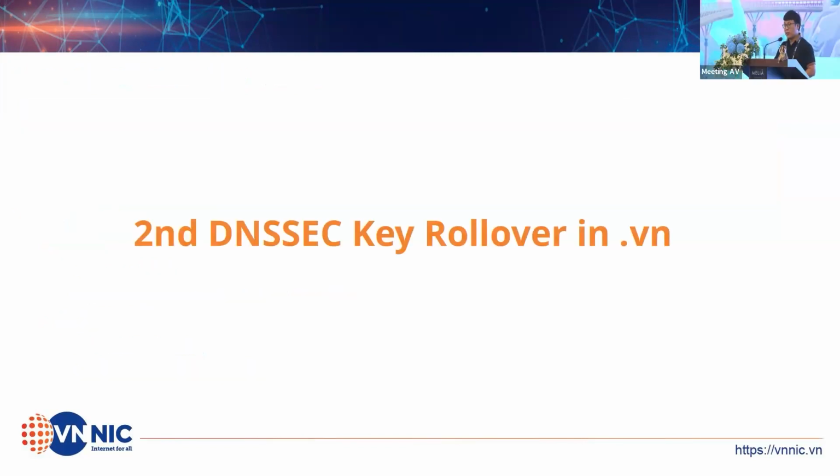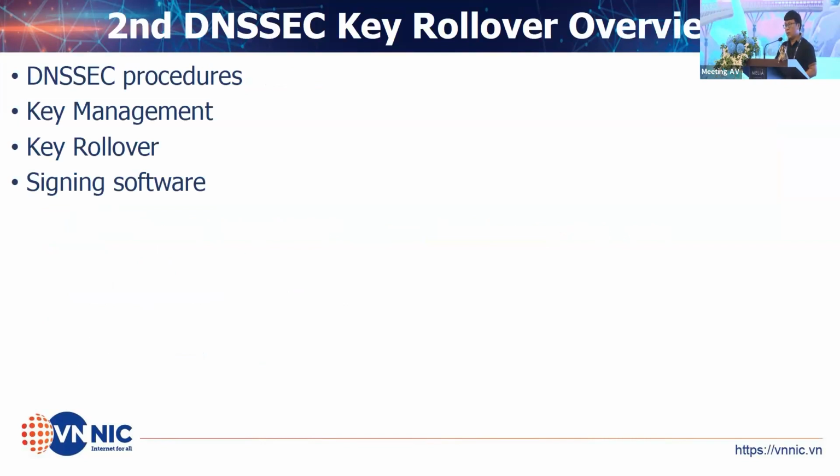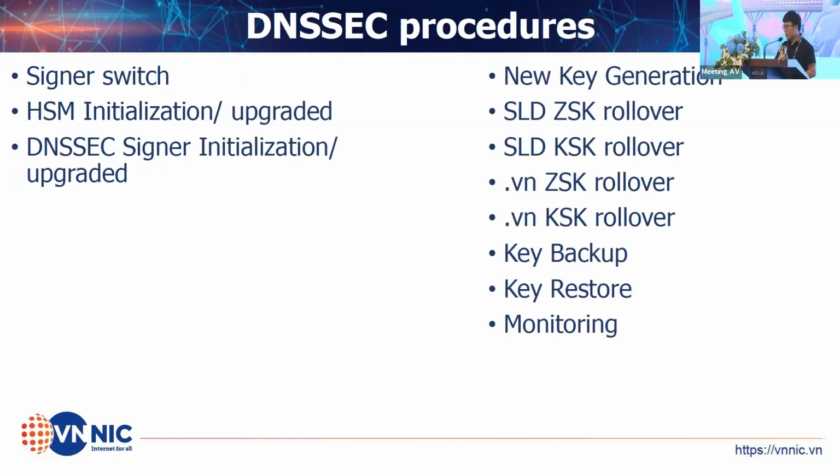About the second DNSSEC key rollover in .vn, we did it in June and July this year. For this event, we have four things to consider: the DNSSEC procedure, the key management, the key rollover, and the signing software. So for the DNSSEC procedure, please next slide.